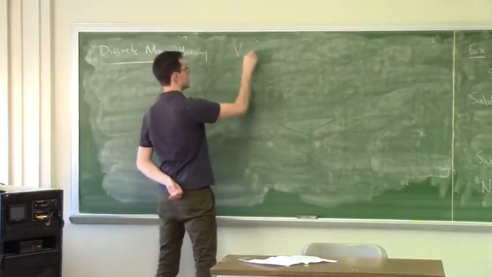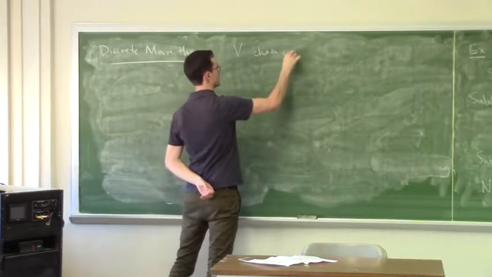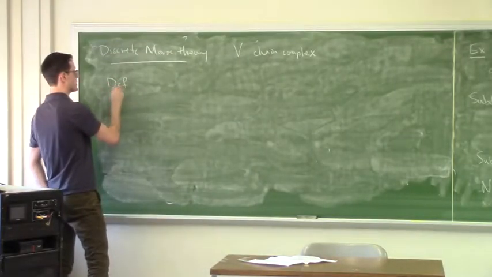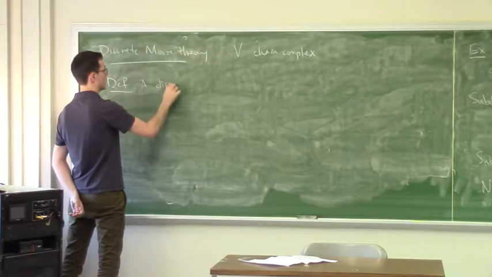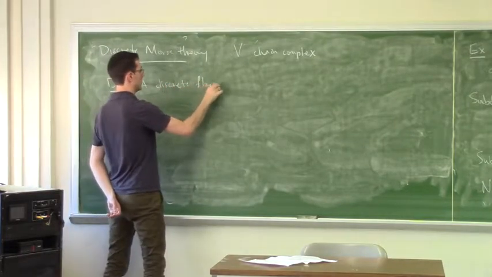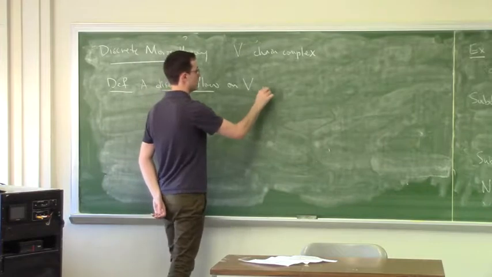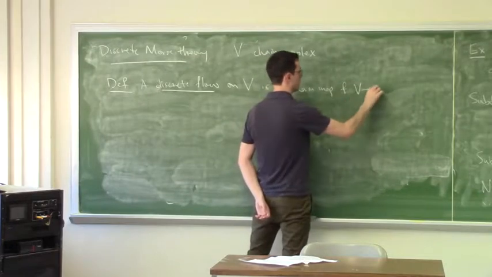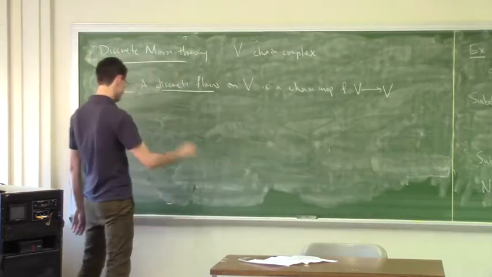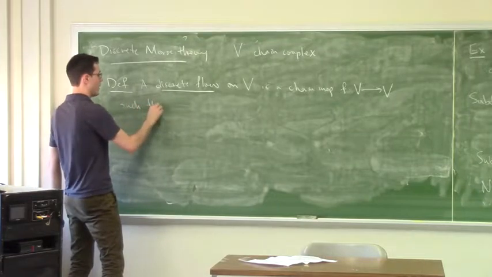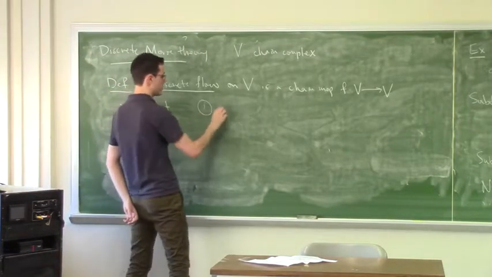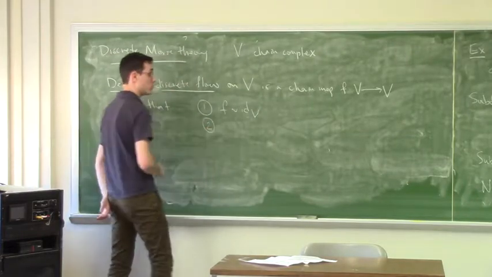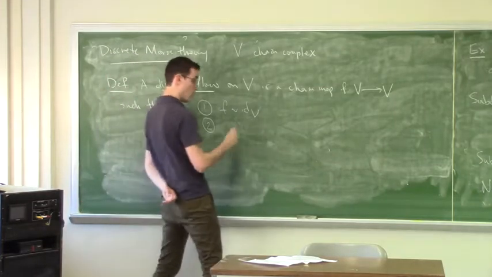So if V is a chain complex, then a discrete flow on V is a chain map, let's call it F, from V to itself that should satisfy two properties. First of all, it should be chain homotopic to the identity on V. And second, it should be eventually stationary on each element of V.